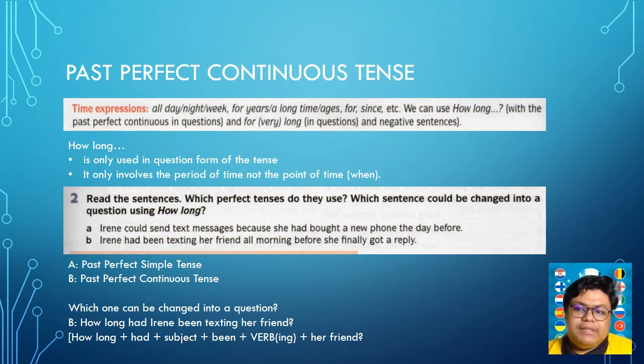The formula is how long plus had plus subject, Irene, plus been plus verb with ing, followed by her friend, question mark. So that's the formula. That's how we write how long. Okay, so let's move on.